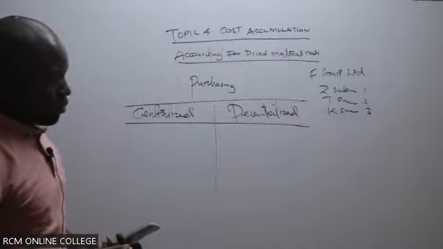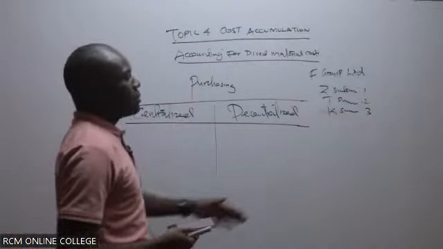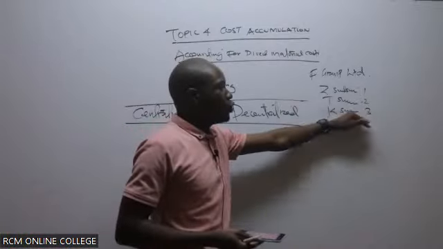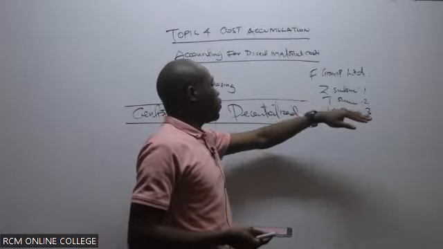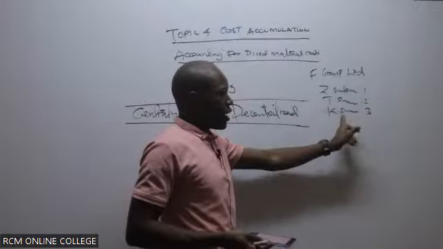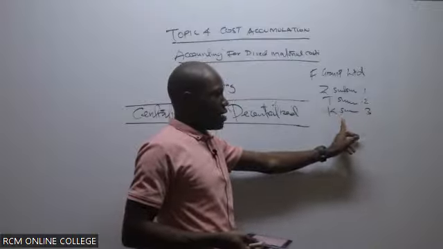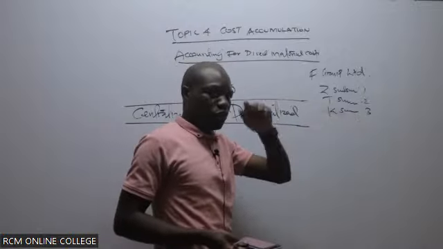Now, I want to do production. Subsidiary 3 wants to do production and they need raw materials. Subsidiary 3, or K Limited, wants to purchase raw materials to do production.